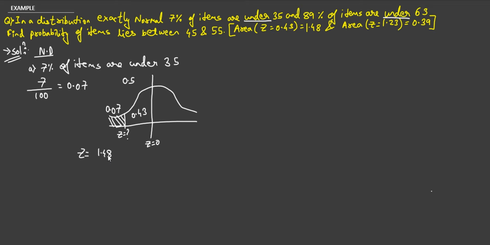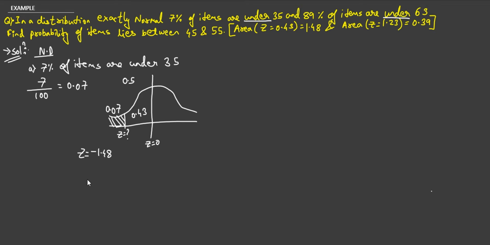But as we have seen in many videos, previous examples and in the introduction, the Z is in the left hand side, so we have to take a minus sign over here.